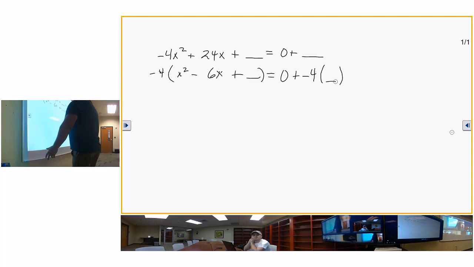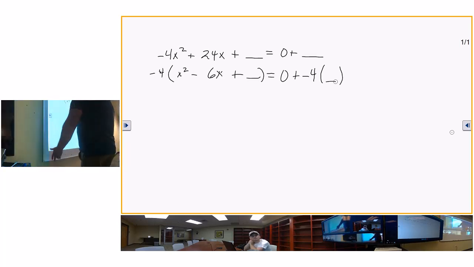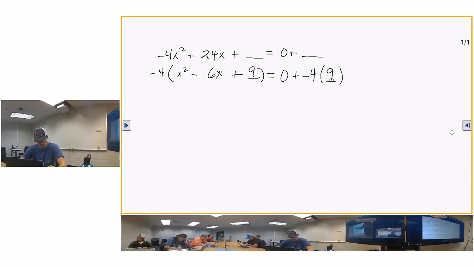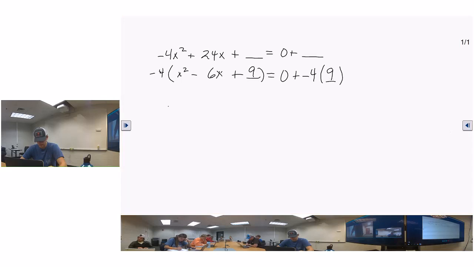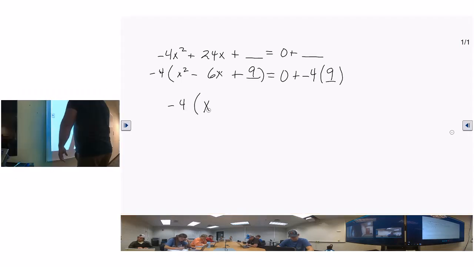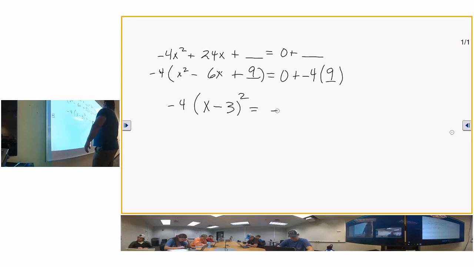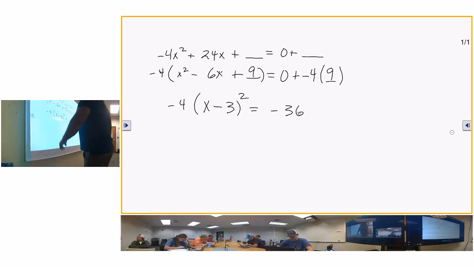Half of 6 is 3. 3 squared is 9. Negative 4 times the quantity x minus 3 squared is equal to negative what? 36.